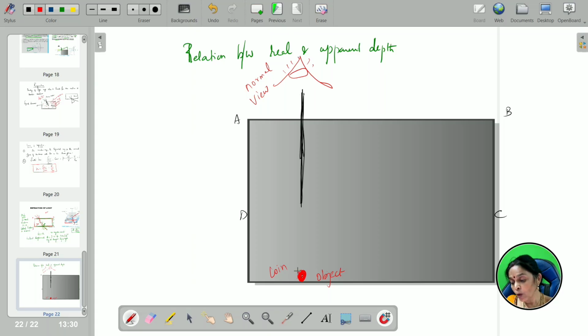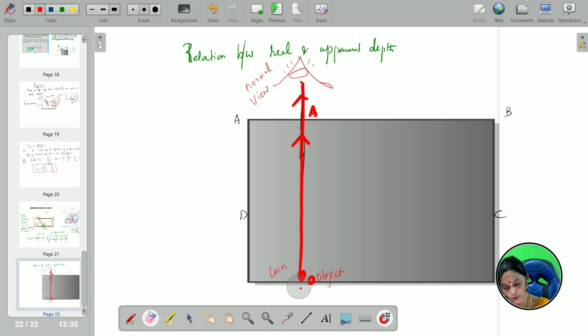When you view, always the light comes from the object, and exactly the light comes from the object and reaches the observer's eye. No deviation, nothing. So wherever the coin is, it appears as if the coin is in the same position O. Therefore AO is called real depth.